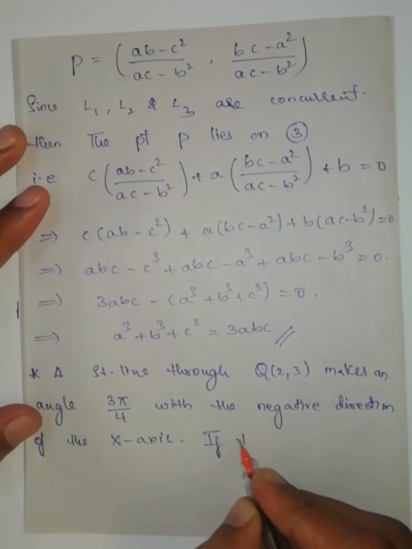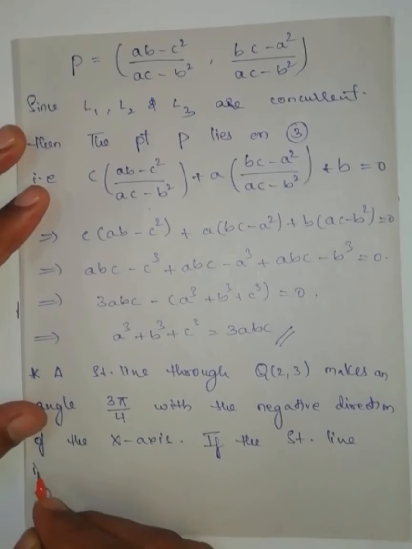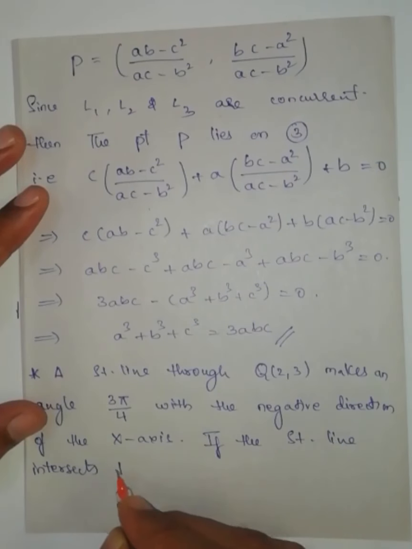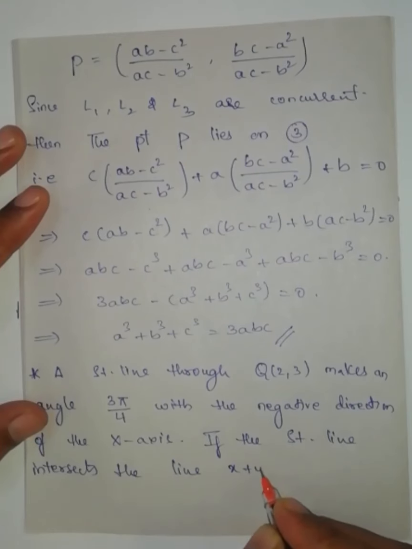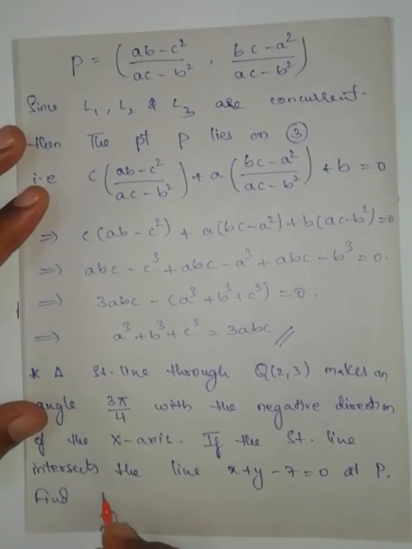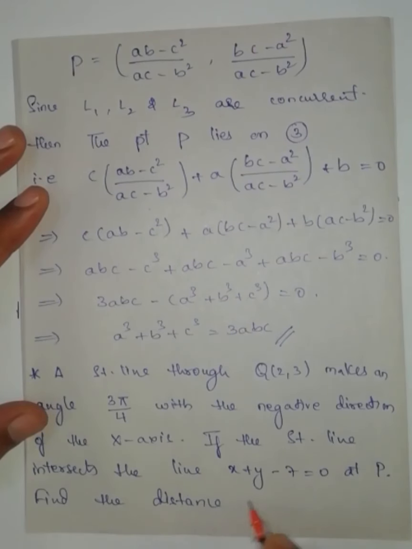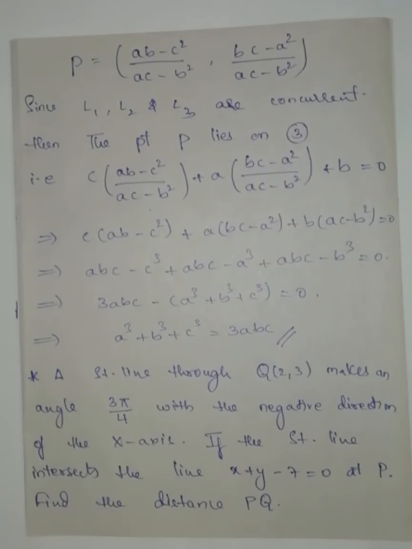If the straight line intersects the line x plus y minus 7 is equal to 0 at the point P, find the distance between PQ. This is the question.